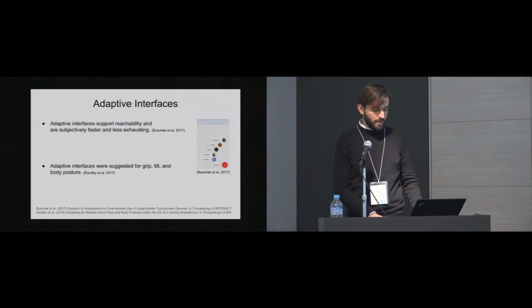Erdle and colleagues also proposed adaptive interface designs which respect the grip, tilt and body posture. However, they did not have detailed performance measurements of different grips. For example, they did not measure performance or precision or error rate on the different regions on the screen.